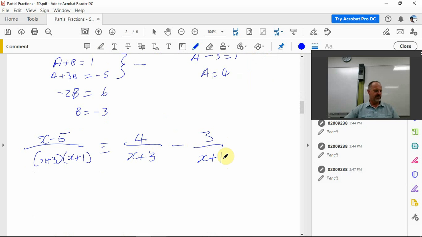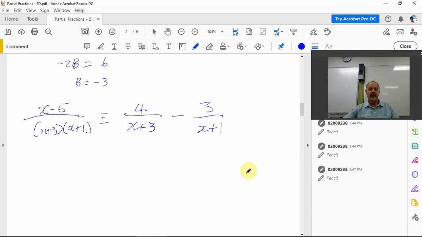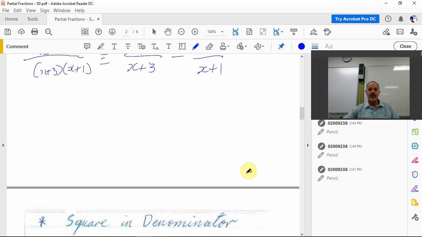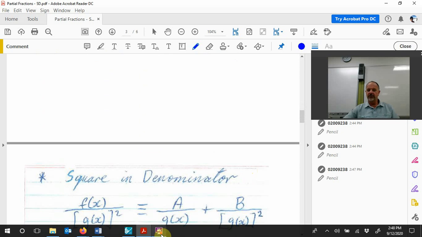All right, and so there's our equation there. Or our partial fractions. All right.